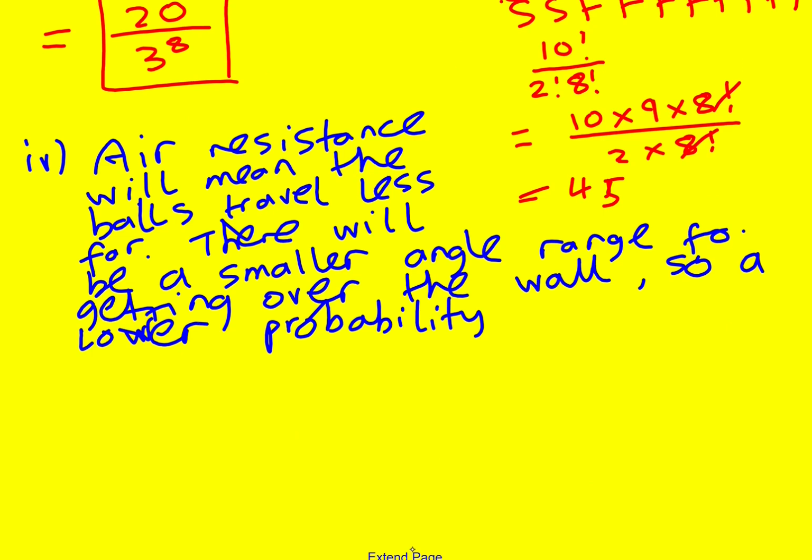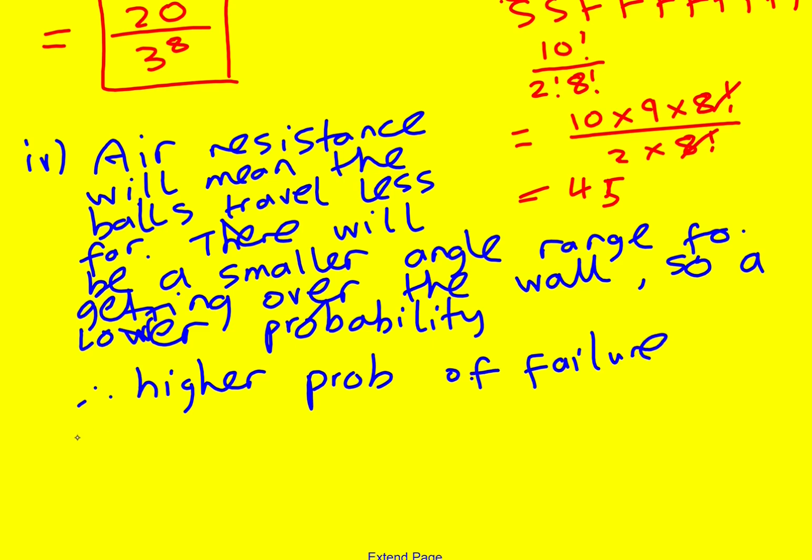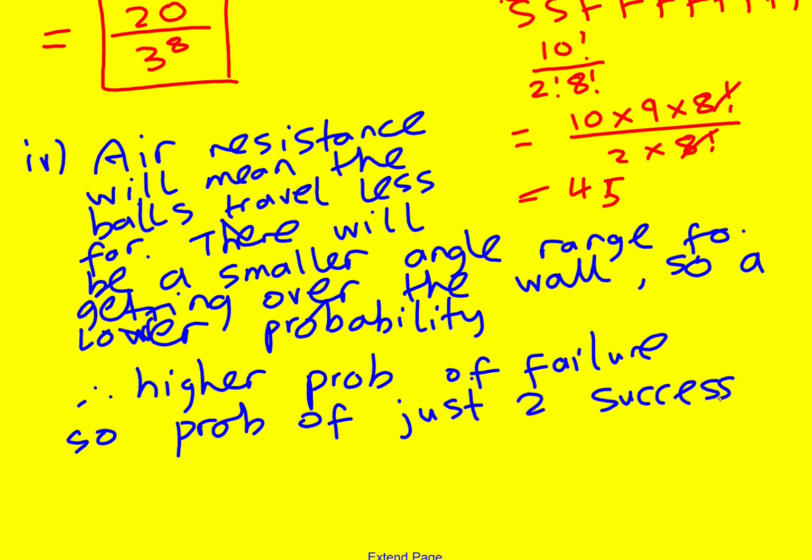But this actually means that there'll be a higher probability of failure. And so the probability of just two successes will actually increase because that's when we get lots of failures.